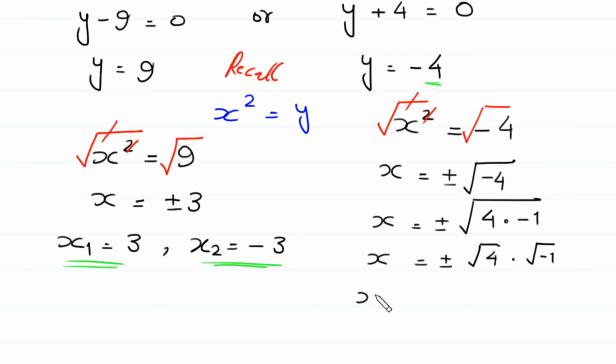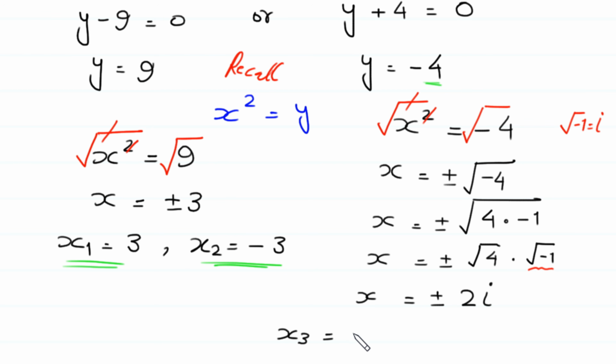Next, x is equal to plus or minus, the square root of 4 is 2, and the square root of negative 1 is equal to i. So we write here i, and from here we got the other two solutions.